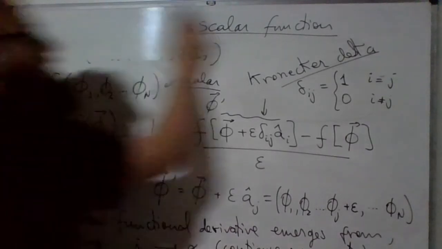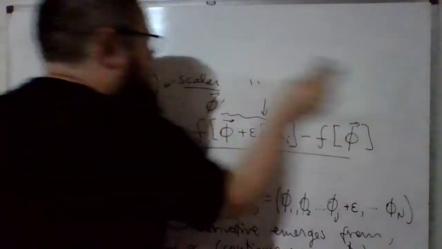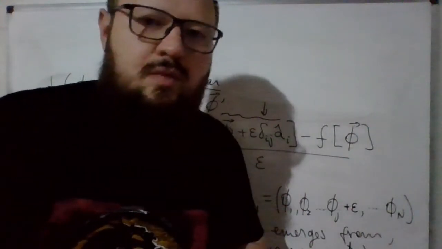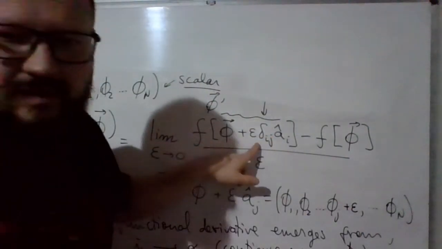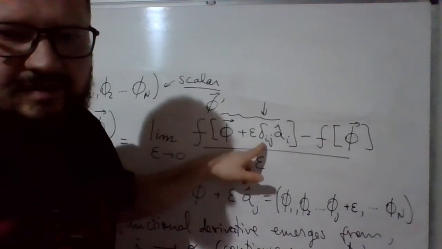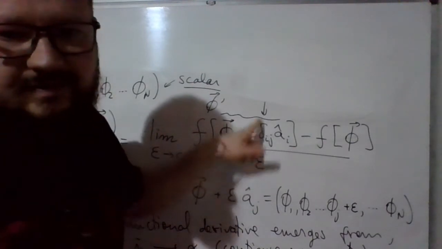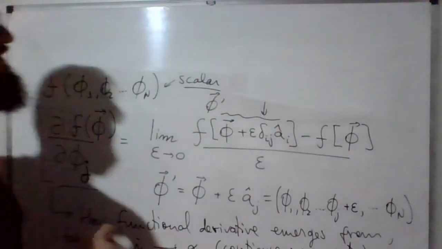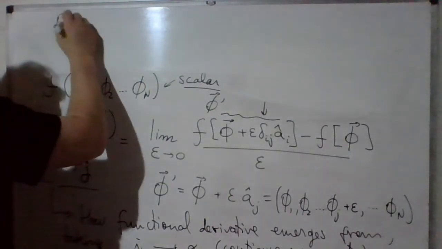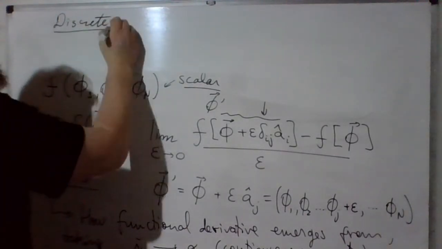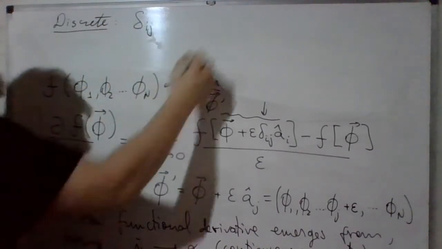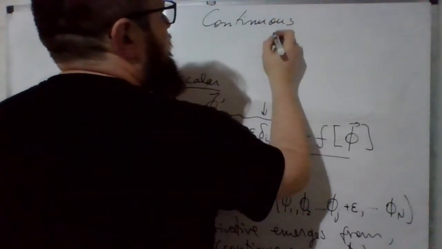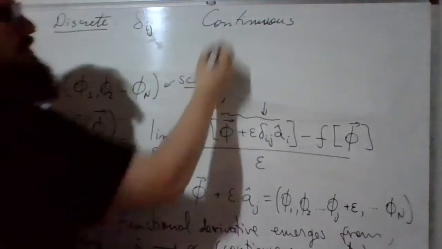Well, first of all, I suppose you are well aware of what happens to this delta function. Okay, it becomes a Dirac delta, because the continuous version of the Kronecker delta is a Dirac delta. So discrete, we have a Kronecker; continuous, we have a Dirac.